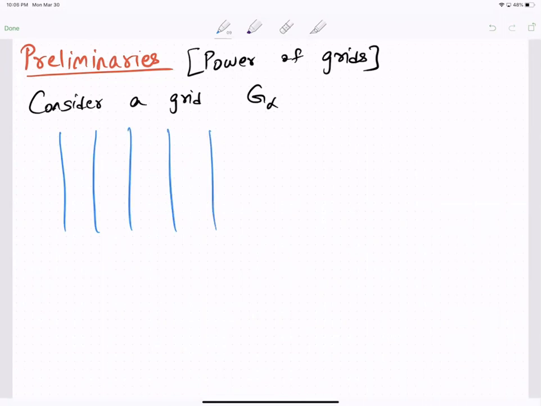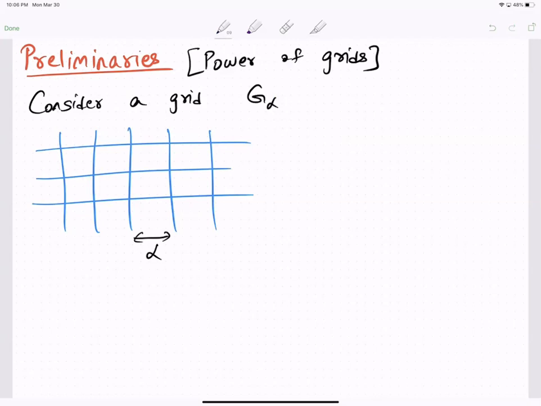I'm drawing a series of vertical lines and then horizontal lines, such that the vertical lines are separated by a distance of alpha. So all vertical lines are separated by a distance of alpha, and all the horizontal lines are also separated by a distance of alpha.